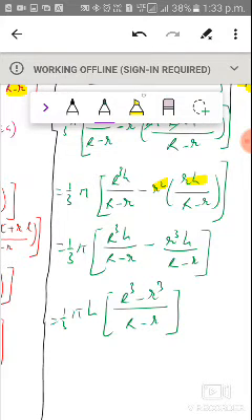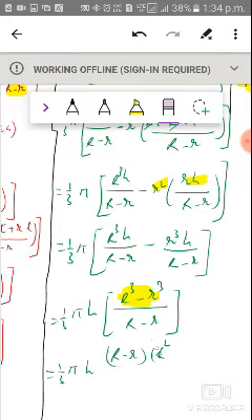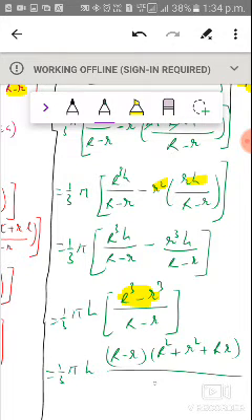Now we can apply the identity a cube minus b cube, which is (a minus b) times (a square plus b square plus a b). So this is 1 by 3 pi h times (R minus r)(capital R square plus small r square plus R into r) by (R minus r). This R minus r will cancel with that R minus r.